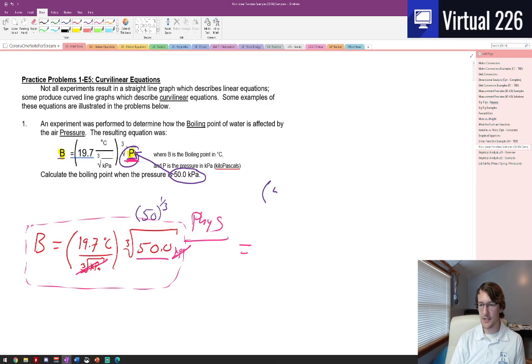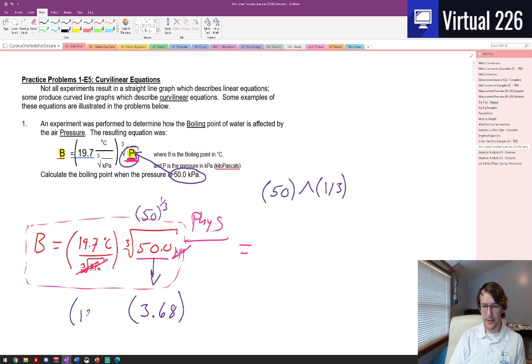Type in parenthesis, 50, close parenthesis, caret, and then parenthesis 1 divided by 3, or 0.333 is fine. When you do that, 50 to the 1/3, or the cube root of 50, is equal to 3.68. Since we've got 3 sig figs here, we're going to keep that as 3.68.